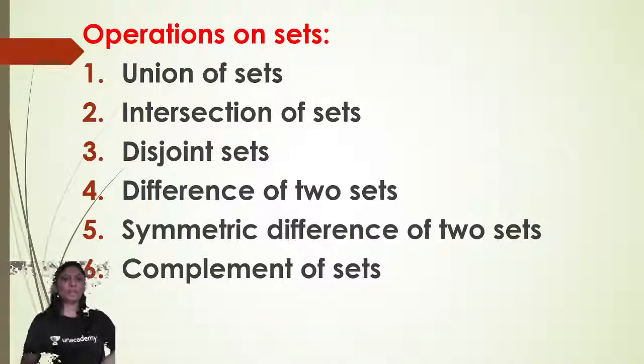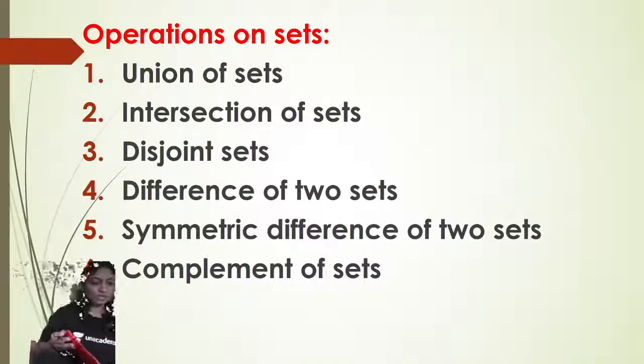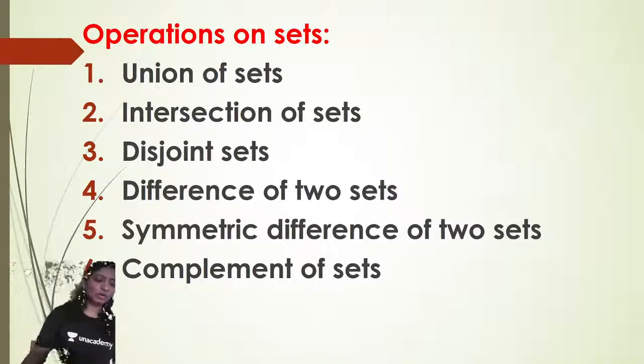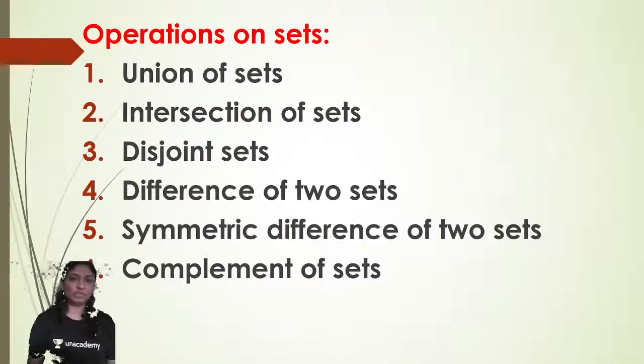Next is operations on sets. We denote all the operations by using Venn diagrams. We will study all these operations by using Venn diagrams. So here we can write the union of sets.